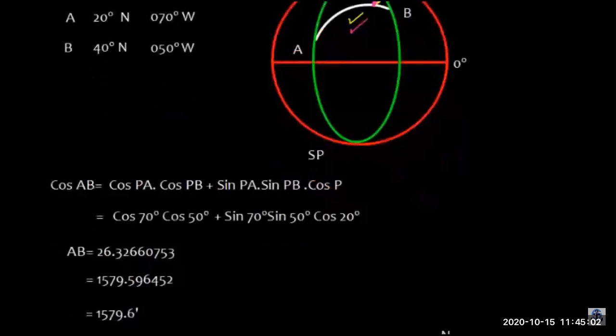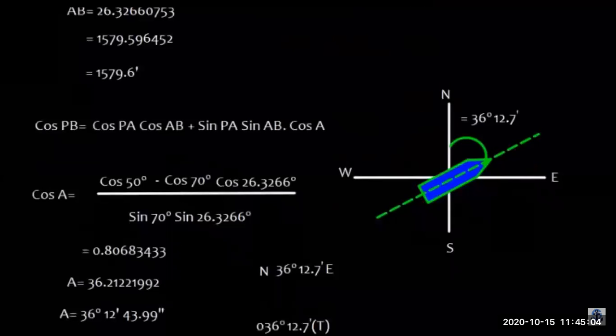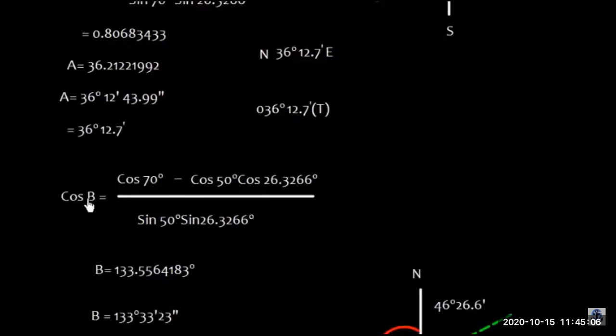We compare the different sides, and in the same way we use the cos B formula. I will tell you the detail of the cosine formula later on. So we put cos B in the cosine formula, get all the values, and we get angle B as 133.55 degrees, that is 133 degrees 33 minutes 23 seconds.